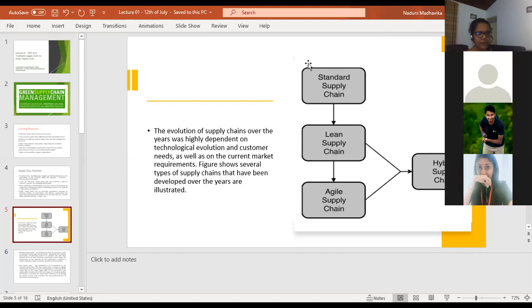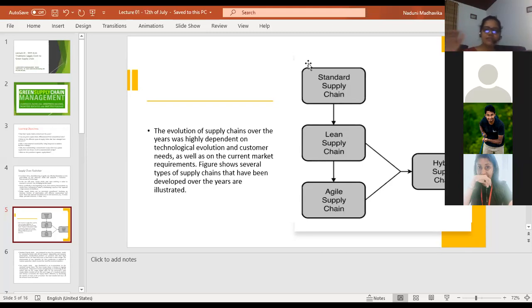Lean supply chain, what do you mean by lean supply chain? You have the first lecture today, right? Lean management. In lean management, you must have learned what is meant by lean supply chain. What is the main focus when it comes to lean supply chain?